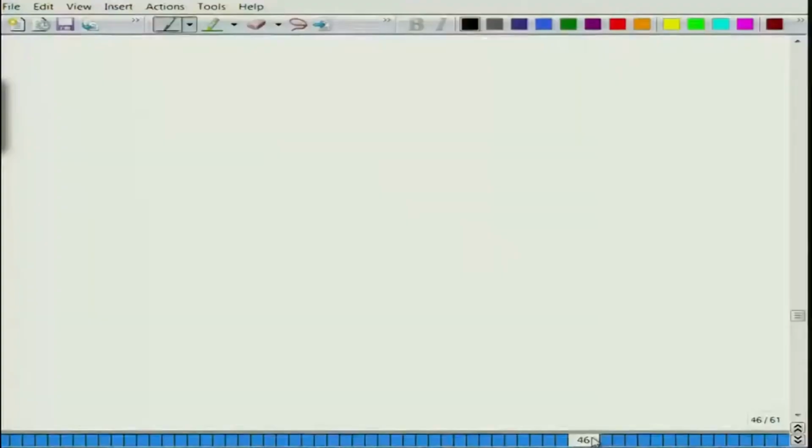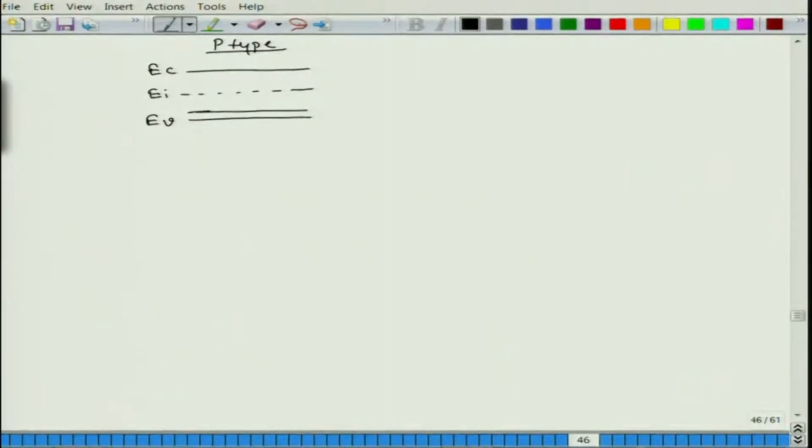Okay. So, when you have a p type material, what is the typical picture we have seen? This is the conduction band and valence band edges, and the intrinsic Fermi level is just at the midpoint, which is EI, the intrinsic Fermi level. But for p type we have the actual Fermi level, which is closer to the valence band. So, this is EF.